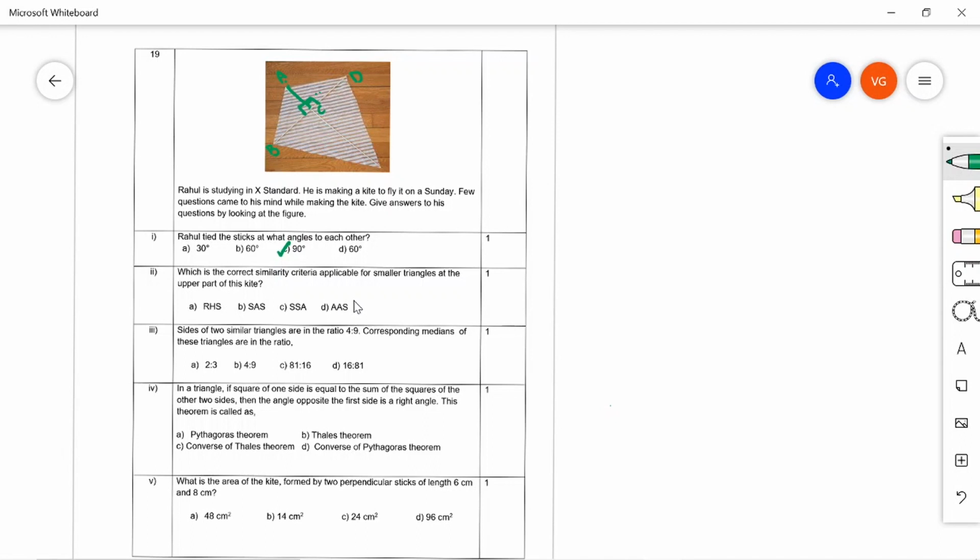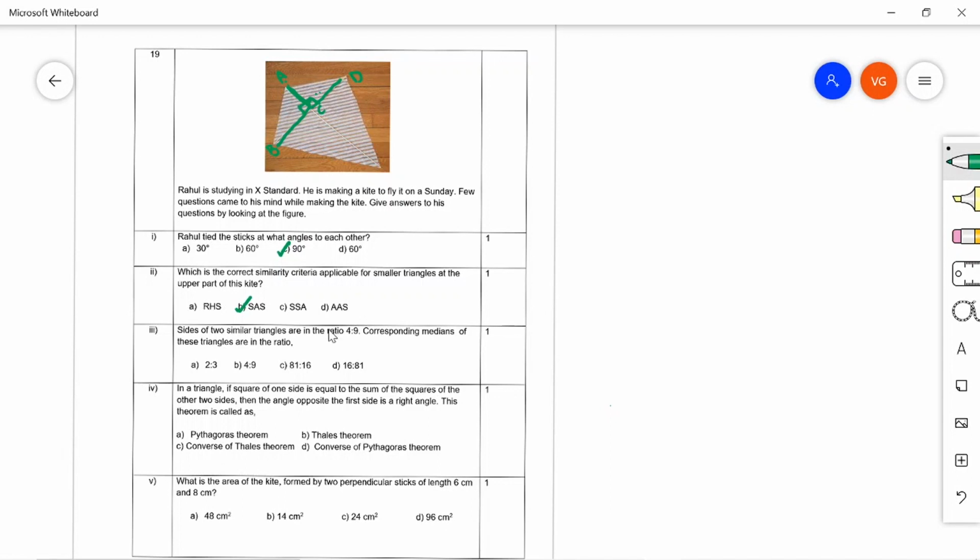So side, angle, side is the criteria of similarity here, SAS. Again, option B is the correct answer.